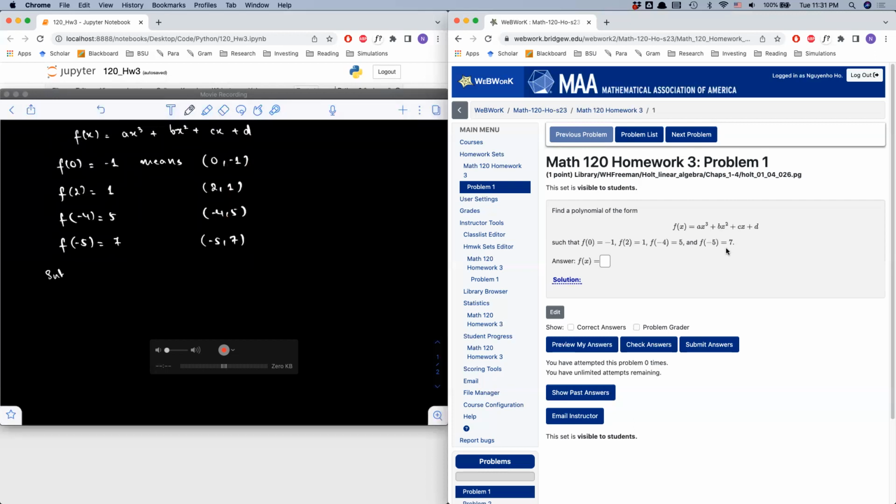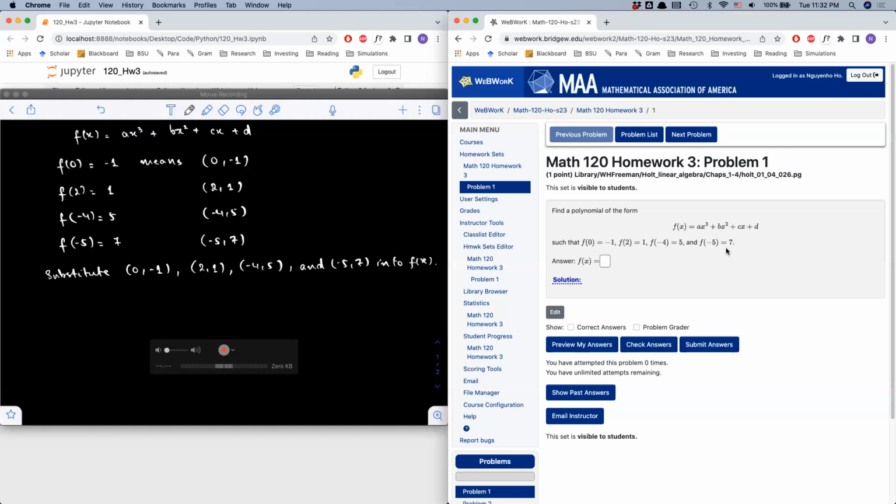So substitute the points 0, comma -1, 2, comma 1, -4, comma 5, and -5, comma 7 into f of x. In your homework, you may have different numbers than the numbers you see here in my setup, because all of these numbers are randomized.